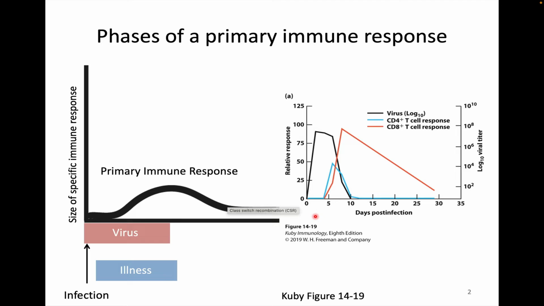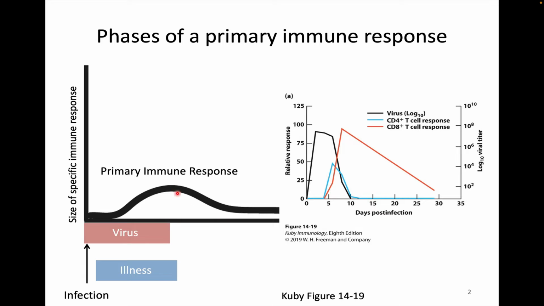And you can see some of this in a figure from a different textbook on the right, where you can see, again, relative size on the y-axis, time on the x-axis, and you can see the amount of virus happening early, and that virus coming down and being controlled after we've got this good CD4 and CD8 T cell response.